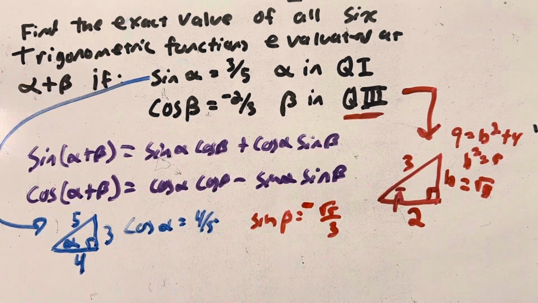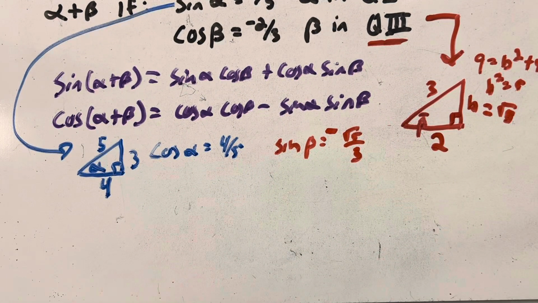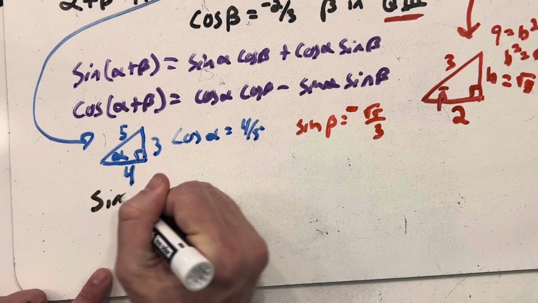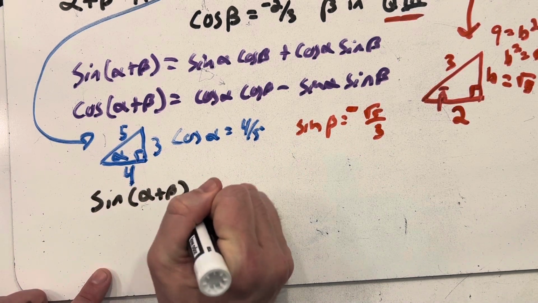I think I'm ready to use my formulas here, the addition and subtraction formulas for cosine and sine. All right, so the sine of alpha plus beta.